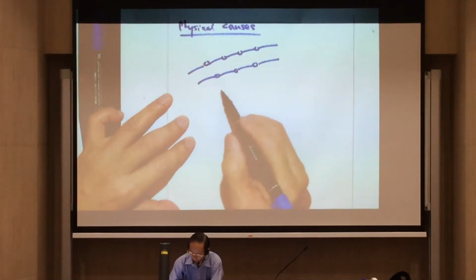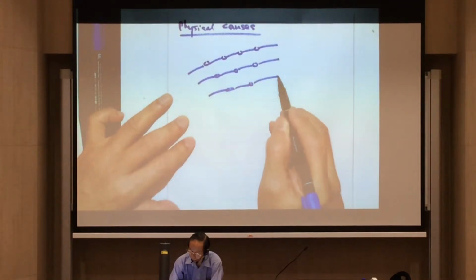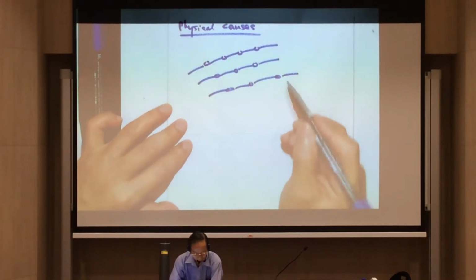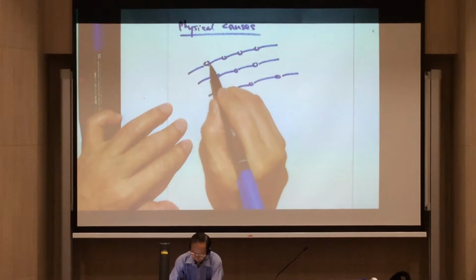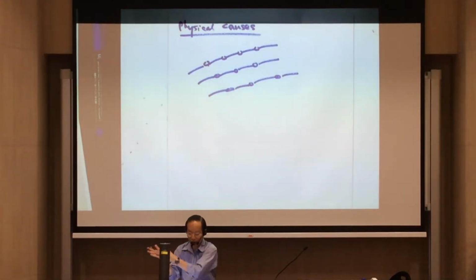These are the fluid particles, and this is the shear stress, because they are actually rubbing against each other.